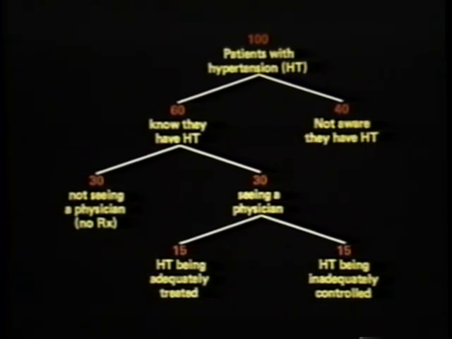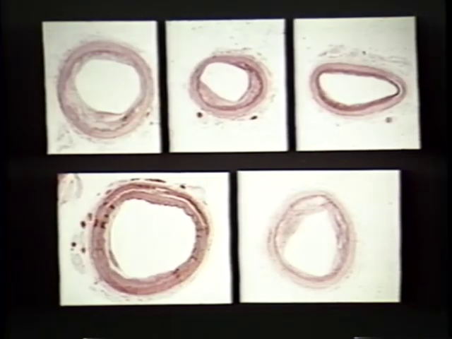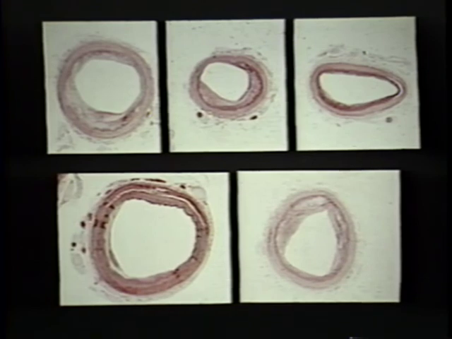Now that was 1972. Now in 1994, this 15% is up to about 50%. Now suppose we substituted hypercholesterolemia for hypertension. I would suggest to you that this 15 would be 1. It's a bottomless pit out there, and we haven't even started on that yet.